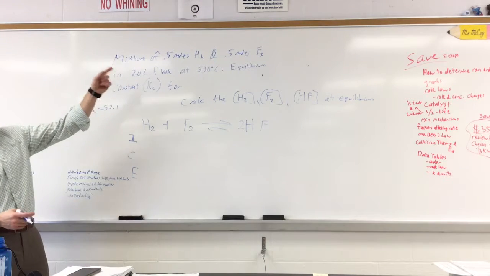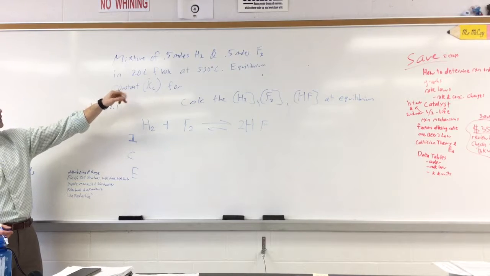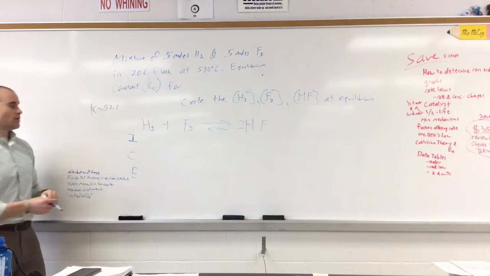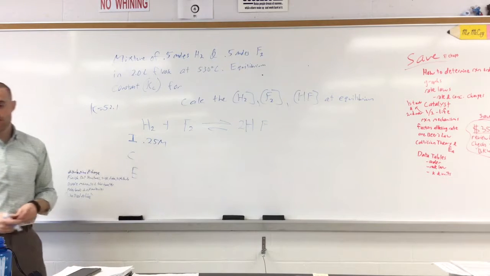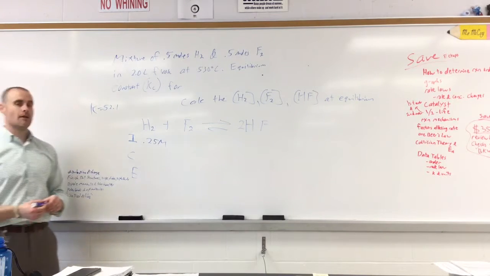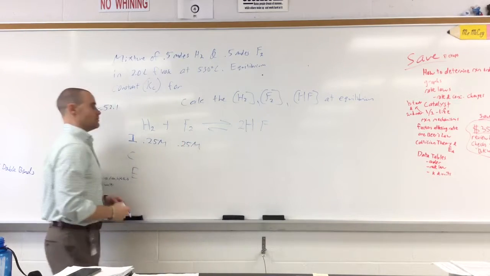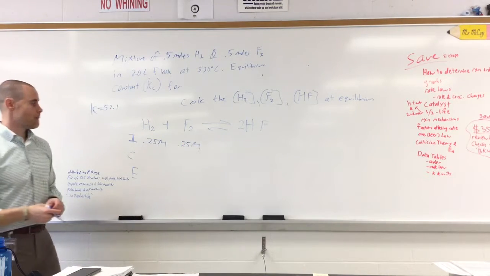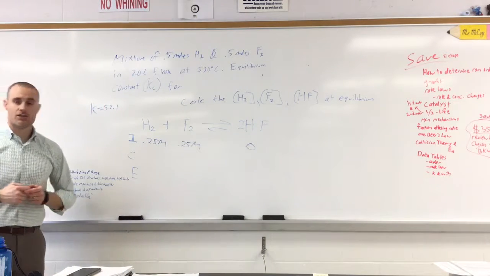So 0.5 divided by 2, because it's a 2-liter flask. I'm going to leave my molarity there. A lot of times in the book they will not label the unit, and that confuses students, because if you think that's moles, it's going to mess you up down the road. So 0.25 and 0.25, the same amount of both, and 0 for HF. That's initially.